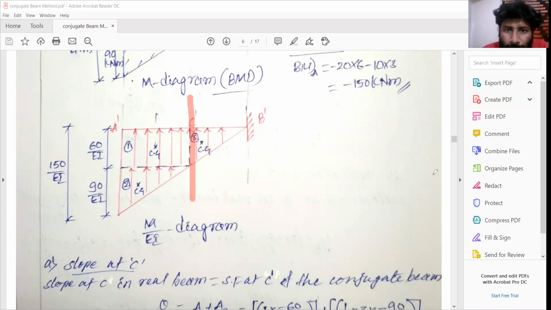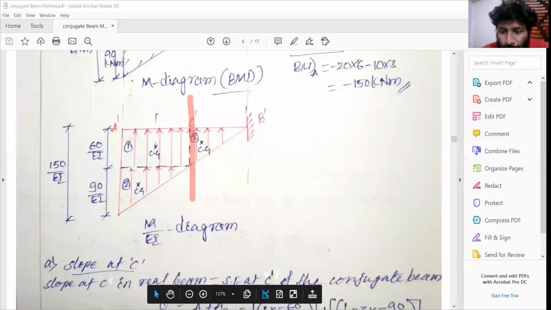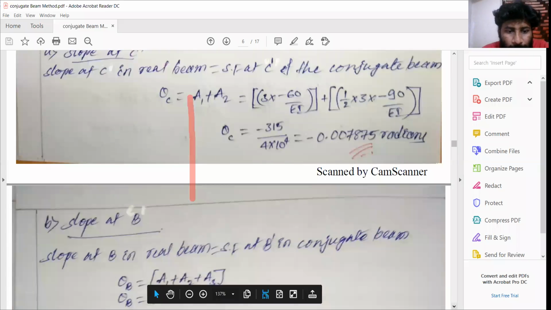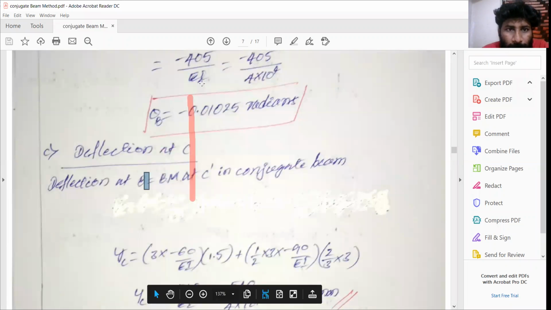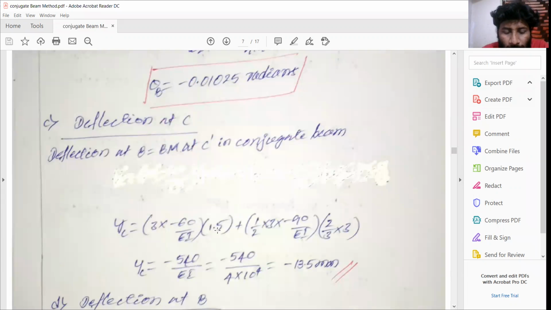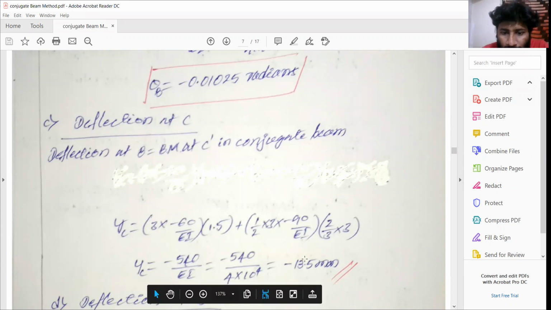So that's the bending moment of the M by EI diagram about this C, and that will give the deflection at C in the original beam. You can see the same thing is written here: 3 into minus 60 divided by EI into 1.5 plus 1 by 2 into 3 into minus 90 divided by EI into 2 by 3 of 3. After simplification, we'll get this value.